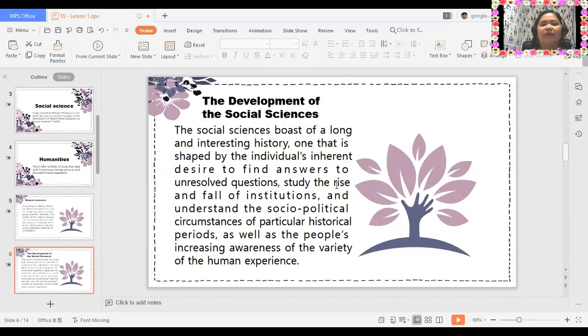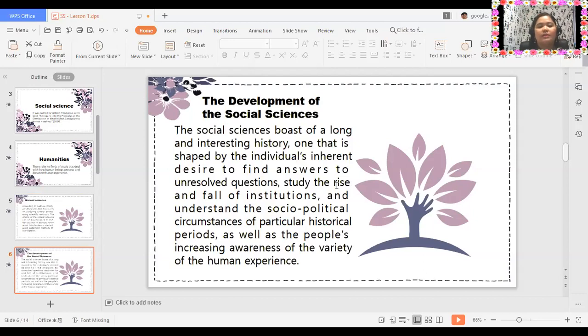It has a very interesting history, one that is shaped by the individual's inherent desire to find answers to unresolved questions, study the rise and fall of institutions, and understand the socio-political circumstances of particular historical periods, as well as people's increasing awareness of the variety of human experiences.